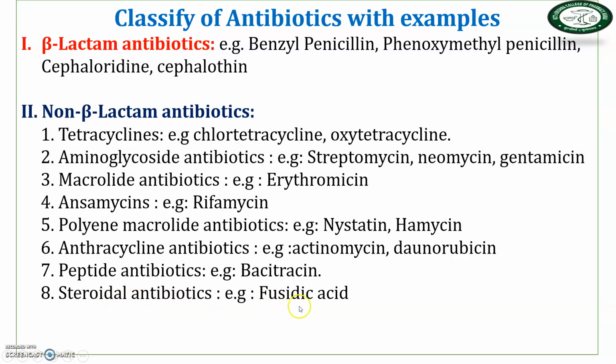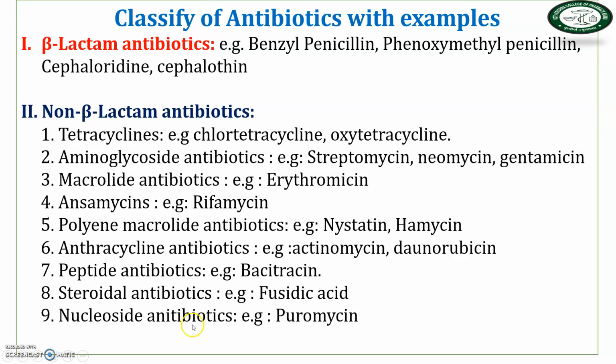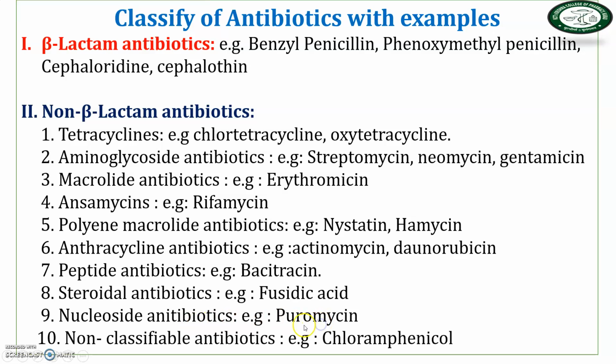Eighth is steroidal antibiotics, fusidic acid. Number 9 is nucleoside antibiotics, example puromycin. Number 10 is non-classified antibiotics. These are all the classes of antibiotics.